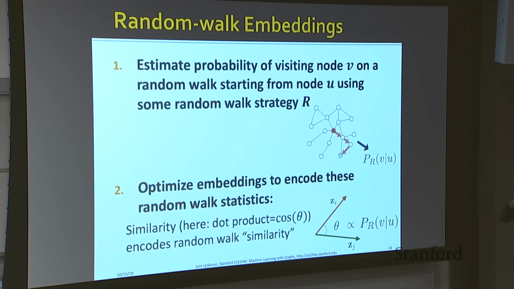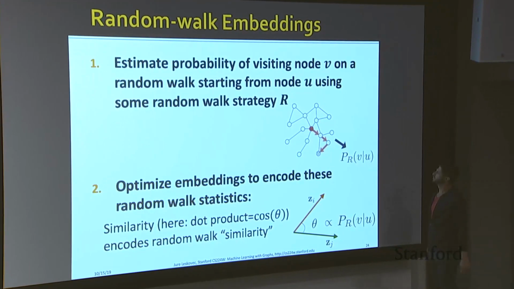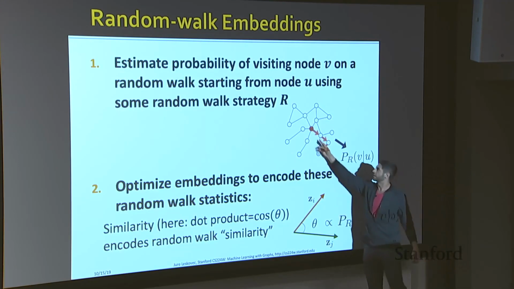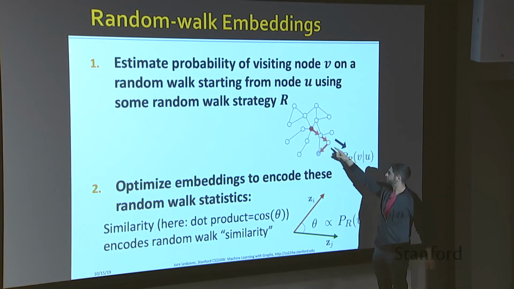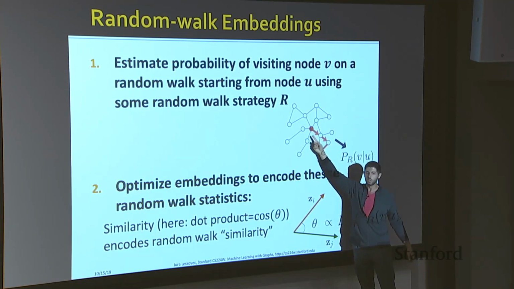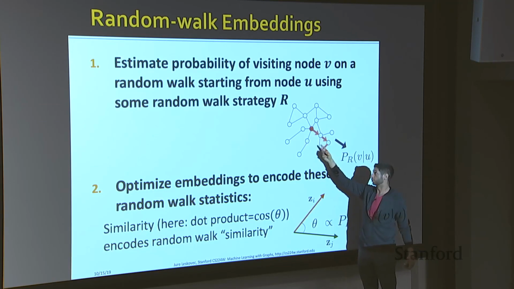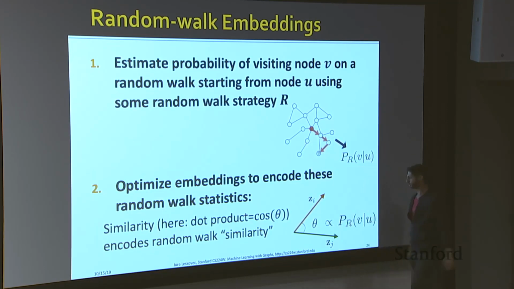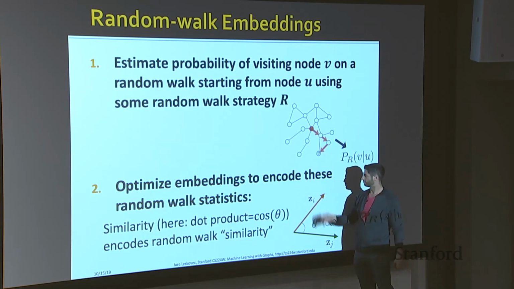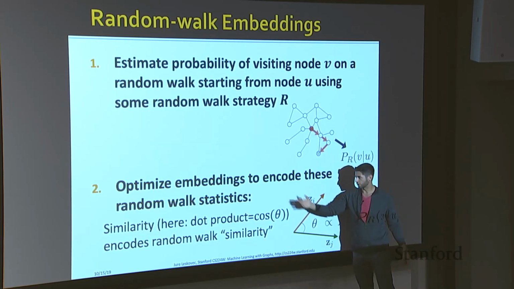Okay, this is a bit more of a visual example. Once again, starting from node u, when we say that they have to co-occur in the same random walk, keep in mind that it doesn't mean that after u, the first step should directly be v. They just have to be part of the same path that the random walk has been going through. Once we set this initial probability estimation, we want to optimize our embeddings to encode these random walk statistics.